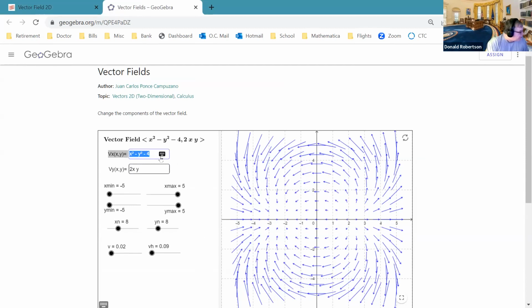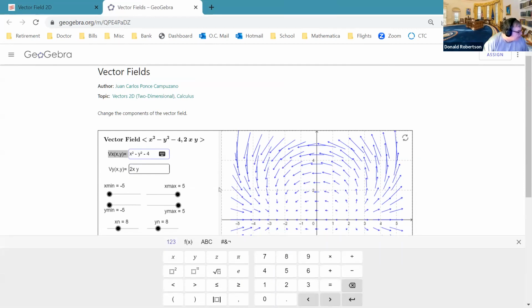Sometimes you have to get the format right. Y divided by, will it take the square root, or will I have to hit this little keyboard? Let's see. Hello keyboard, okay. Square root. Well, I'm there. Let's try that again.